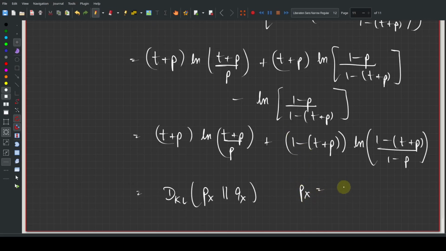So Px is, let's say, t plus p, and 1 minus t plus p. It takes two values, doesn't matter what those values are, but it takes one of those values with probability t plus p and the other value with probability 1 minus t plus p. So it's a Bernoulli t plus p random variable. And what is Qx? It's Bernoulli p, right? p and 1 minus p.